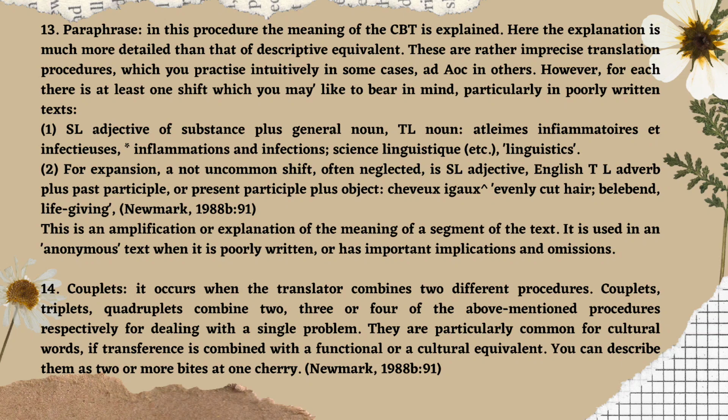The first, SL adjective of substance plus general noun, for example linguistics, and the second, for expansion, a not uncommon shift often neglected is SL adjective, English TL adverb plus past participle or present participle plus object.